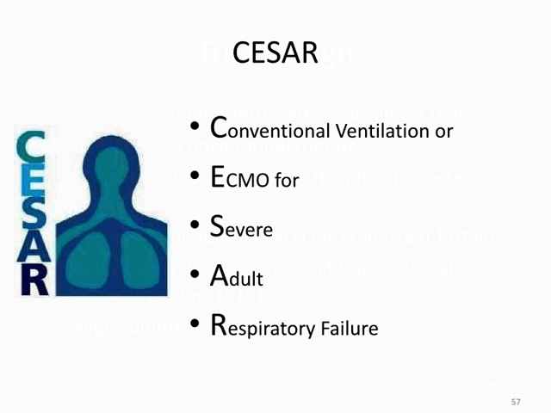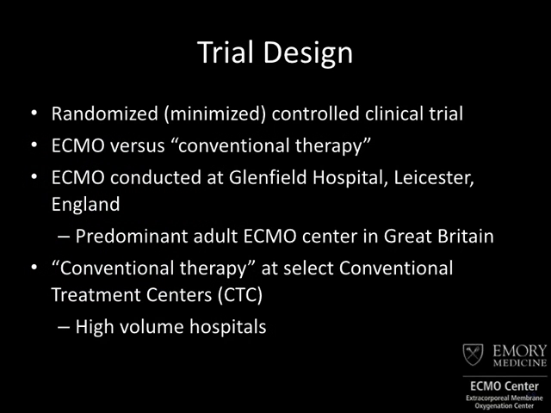And why this is important is that the first randomized trial in 30 years was completed and published in 2009. It was called CESAR, which essentially was a test of ECMO and an ECMO center compared to best care in other places. This was the trial design. Essentially, patients were randomized using a minimization strategy to ensure good randomization to going to an ECMO center versus getting conventional therapy.